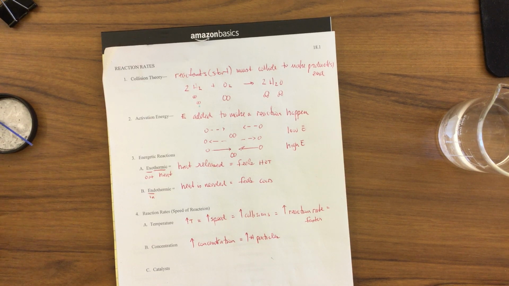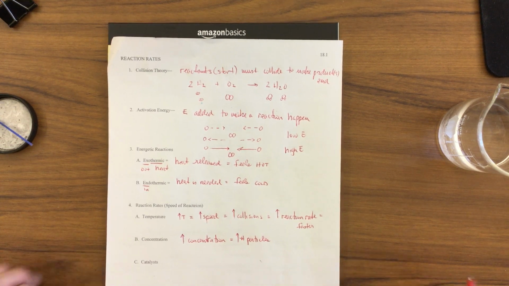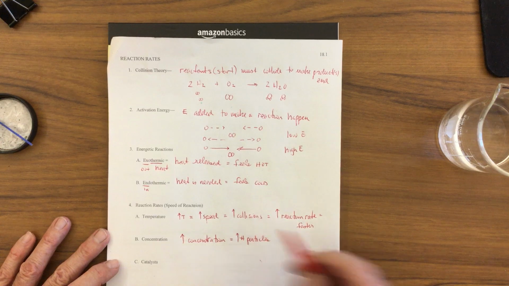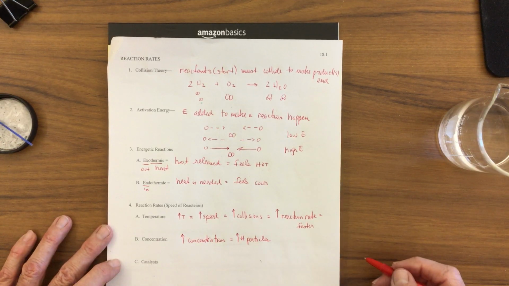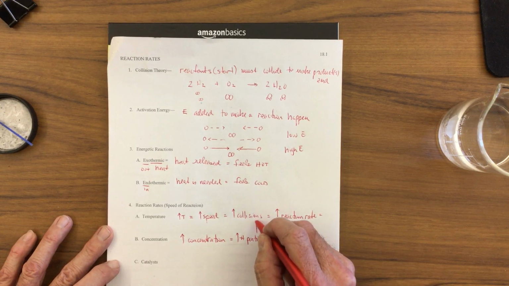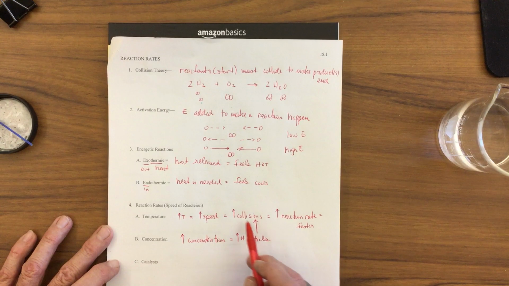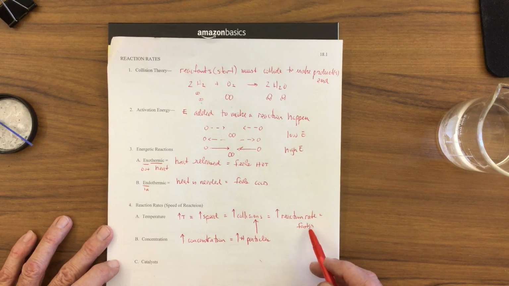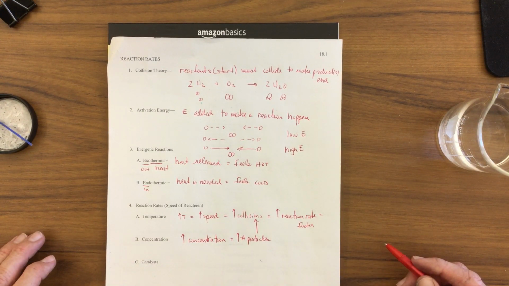Dilute means you have a lot more water, so you're going to have fewer particles in your solution. So what's going to happen to the collisions if you increase the number of particles? Well, you're going to increase the collisions. And if you increase the collisions, you're going to increase the reaction rate. That's going to go a lot faster.